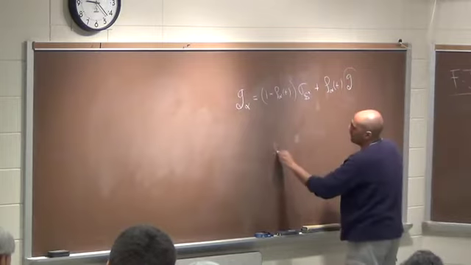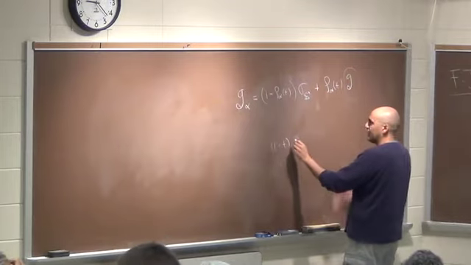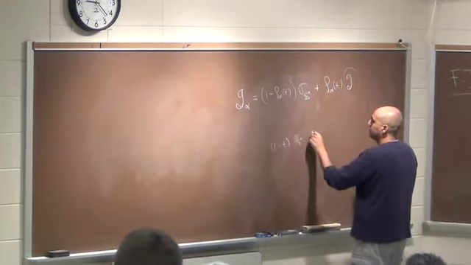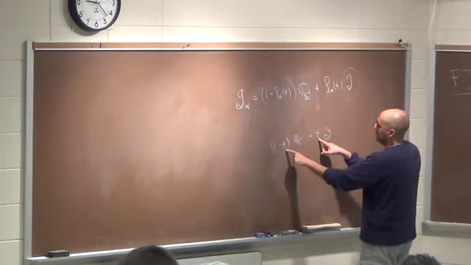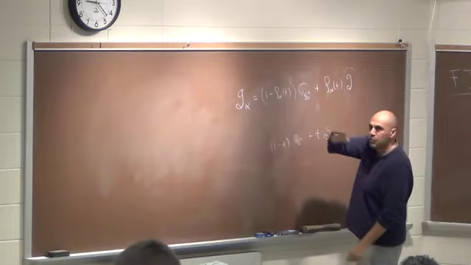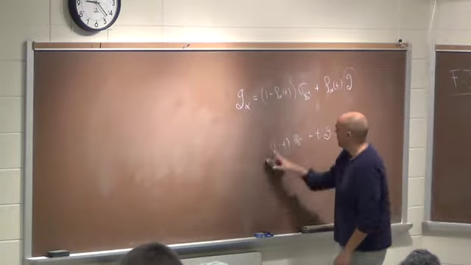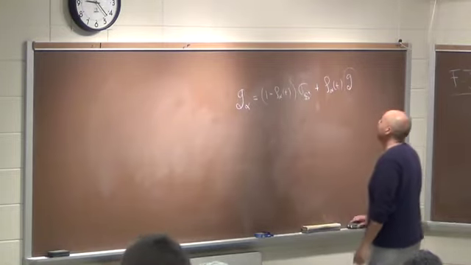In general you would put 1 minus t, like a segment, but you want everything to be smooth, so you use the bump function instead of t. Anyway, this is just a convex combination.